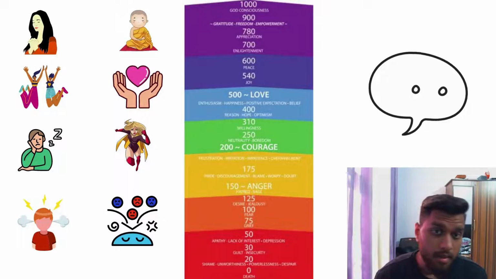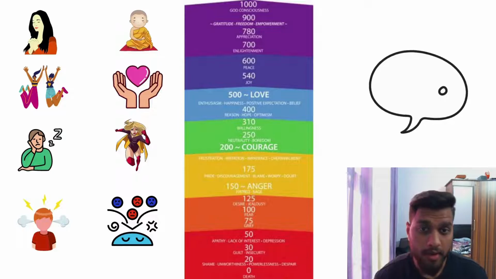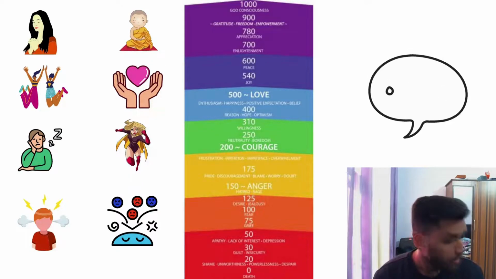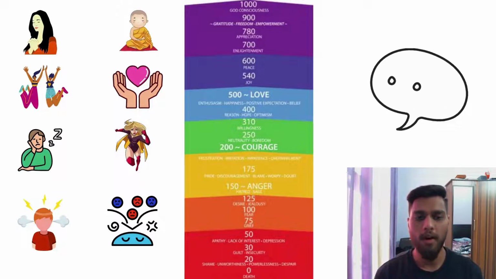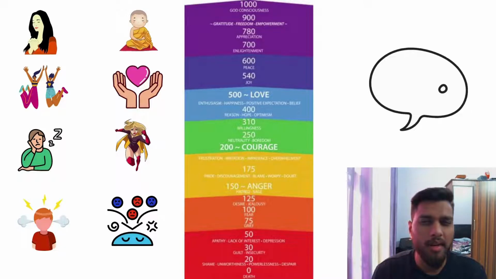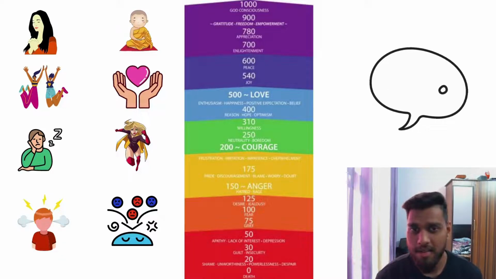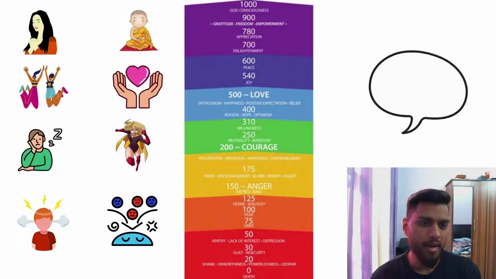540 joy, 600 peace, 700 enlightenment. So most of the people who want to think logically will say now that okay, enlightenment and all this is just nonsense, and this doesn't make sense, we don't believe. Okay, we are scientific people, but that's the reason it's at 700, because the people at level 400 can't understand that.